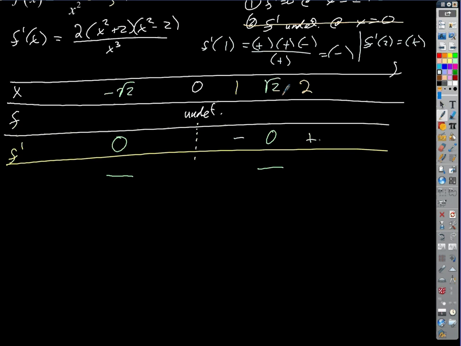Not every critical number is guaranteed to be an extremum, but I can never have another extremum that I haven't already identified as a critical number. So I'm guaranteed that this thing is going to be boring from here on out. It's always going to be increasing to the right. Okay, so that's an increasing interval, and that's how I interpret that plus sign, right?